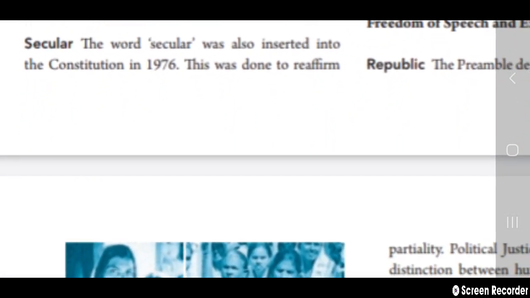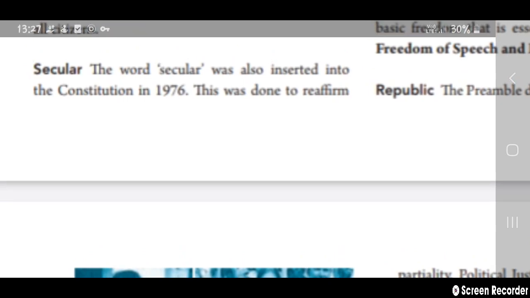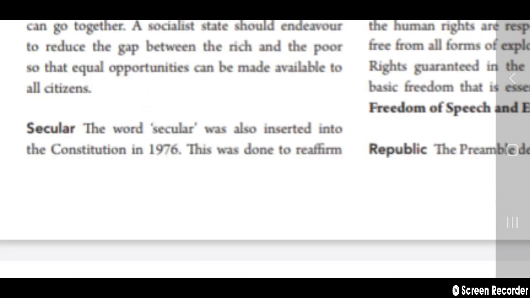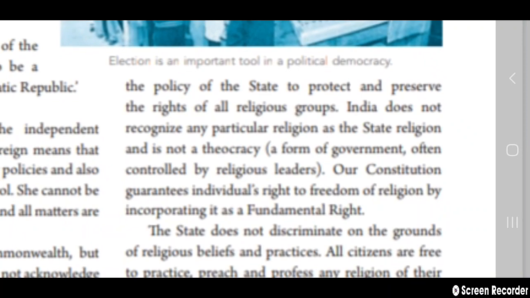Next is secular. The word secular was also inserted into the Constitution in 1976. This was done to reaffirm the policy of the state to protect and preserve the rights of all religious groups.